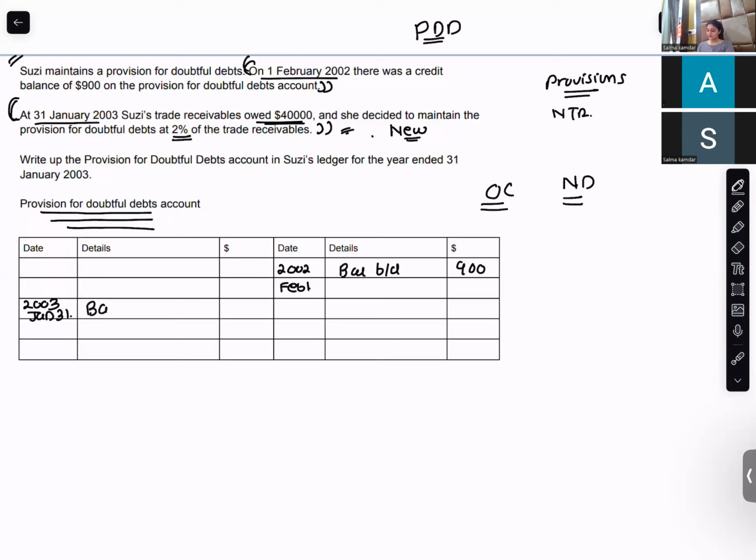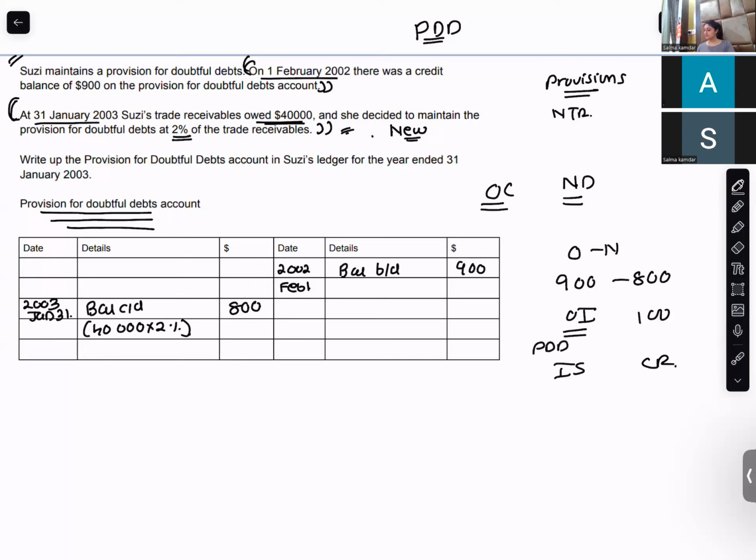There are no new bad debts, right? So you have balance closed down. How much is the new provision? New provision is 800. Then you do old minus new. So this is other income. PDD debit, income statement credit.